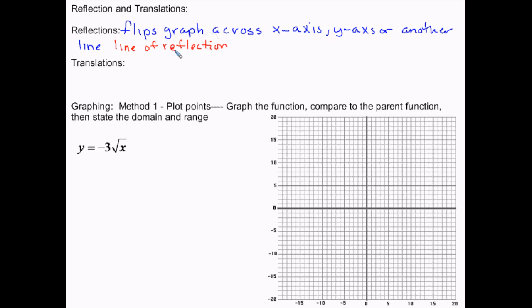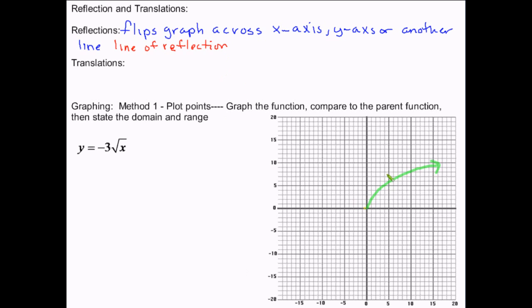Now, for the most part, on the square root function, we're going to be dealing with reflections across the x-axis. What that looks like is, if here's the graph that I have to start with, when I reflect it, it'll come over here. That's an x-axis reflection. A y-axis reflection would do this.